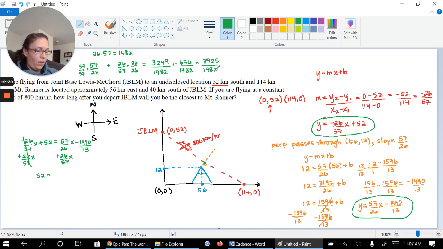Now, using my calculator, I'm just going to quickly check to see if that fraction can be simplified, and it cannot be simplified. So I'm going to write it down here. So this is 3925 over 1482x minus 1440 over 13. So now we're still trying to solve for x. We're going to add 1440 over 13 to both sides of the equation.